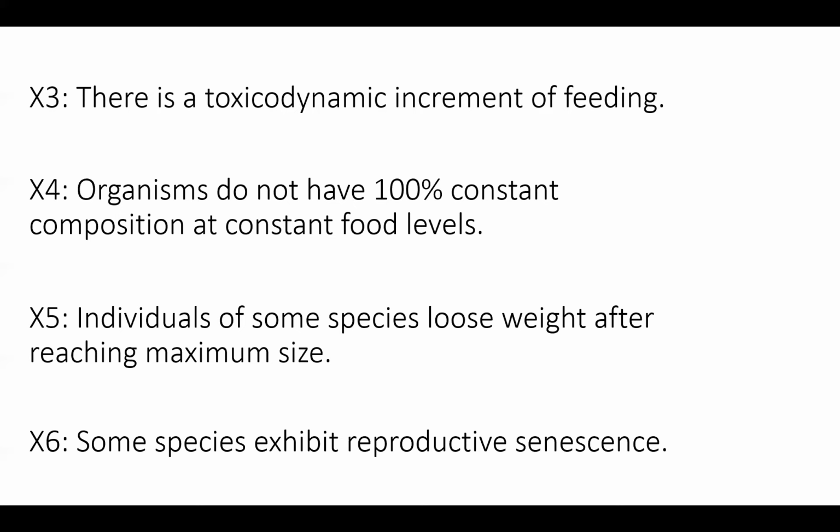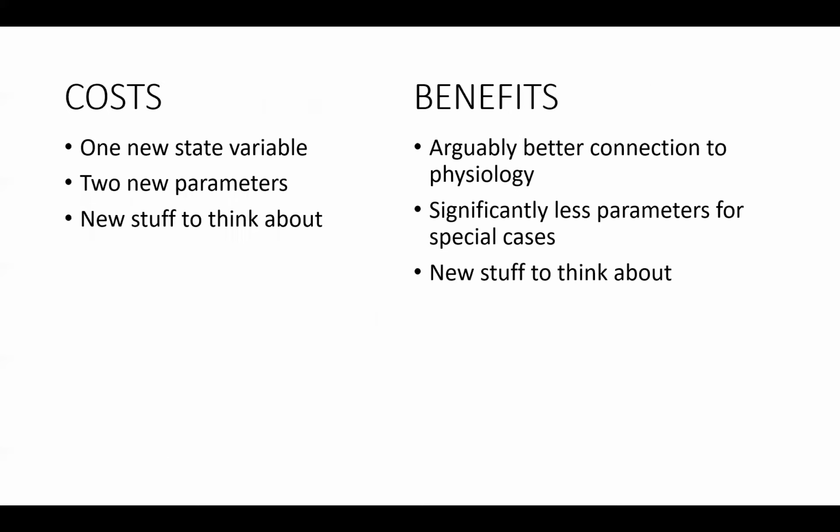And some species exhibit reproductive senescence. You have to attach a module to standard DEB, but it's kind of built into the transport DEB. So there are some benefits in there. But I would also, perhaps surprisingly, argue that the transfer model is simpler because it's easier to derive. I'm sure even some of you now could derive it.